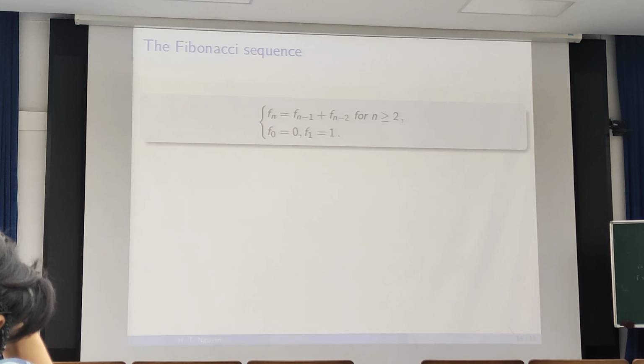And from that we can find the formula for the general term of the sequence. Let us remind ourselves that the Fibonacci sequence is defined by this recurrence relation with these initial conditions.